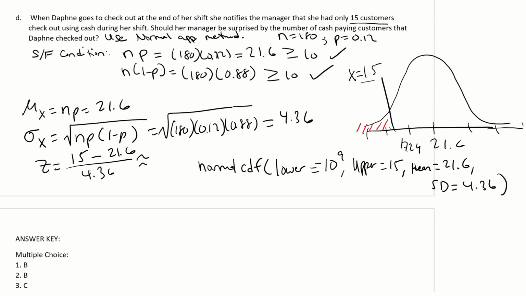And when you do that, you get -1.514. And so we can clearly see that this value is between -2 and 2, and therefore we would not be surprised by the result.